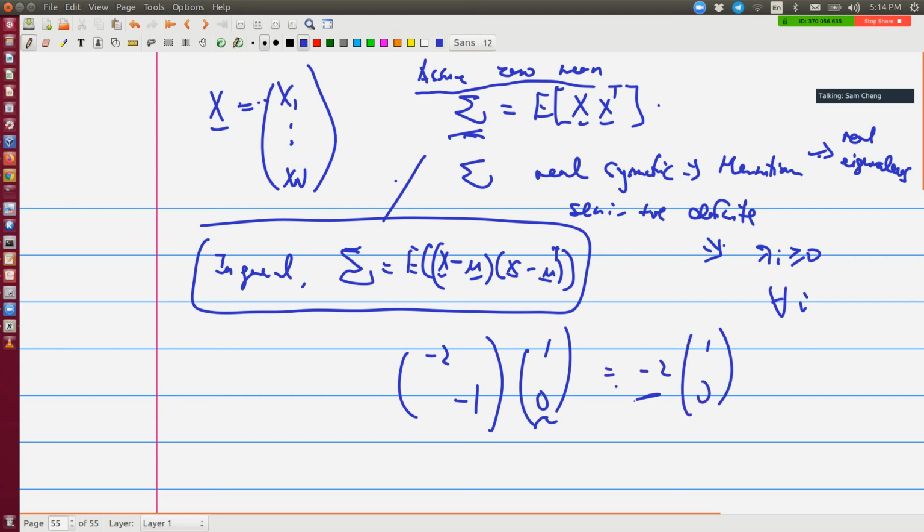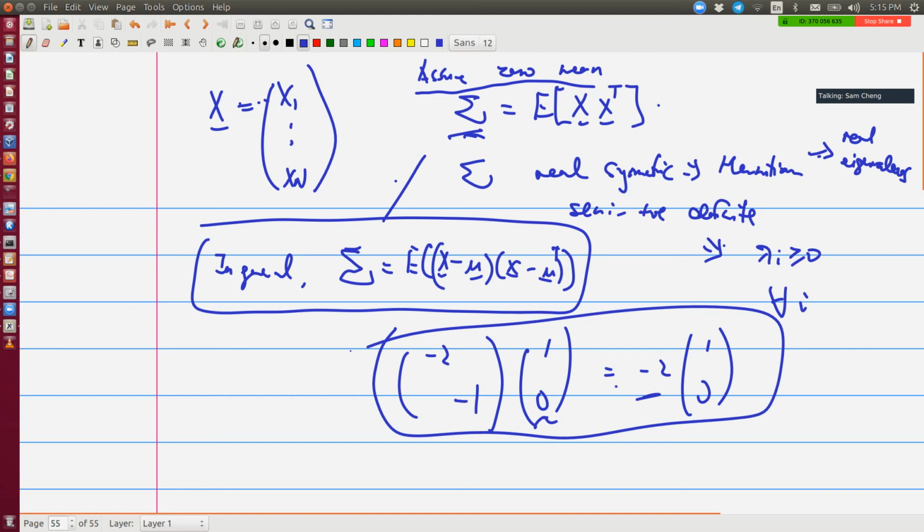So already you have negative eigenvalues. In this discussion we don't consider that, because it won't happen.